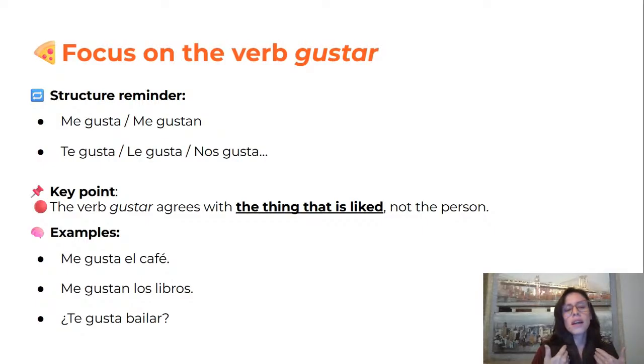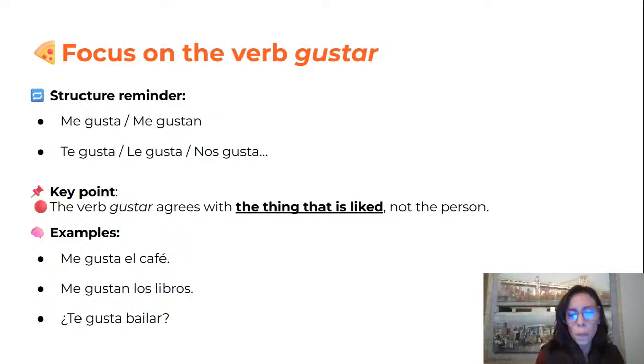So of course, me gusta will be "do I like," in the case I want to ask myself. Le gusta will be used for he, she, it, and the formal you. Le gusta a ella, a él, a usted, etc. Well, those three, of course.